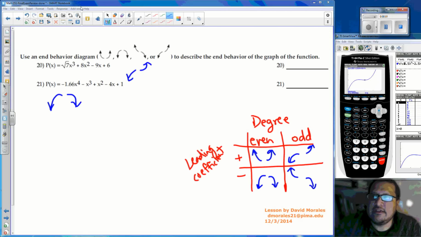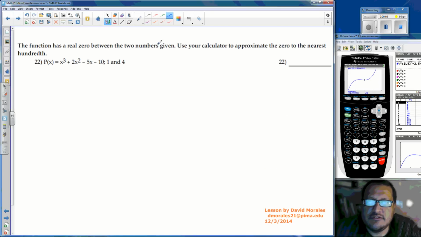Okay, now here we want to find a real zero using your calculator. We already have, oh no, this is saying that this is the zero that's in between these two numbers. So what we're going to use here is probably the intermediate value theorem.